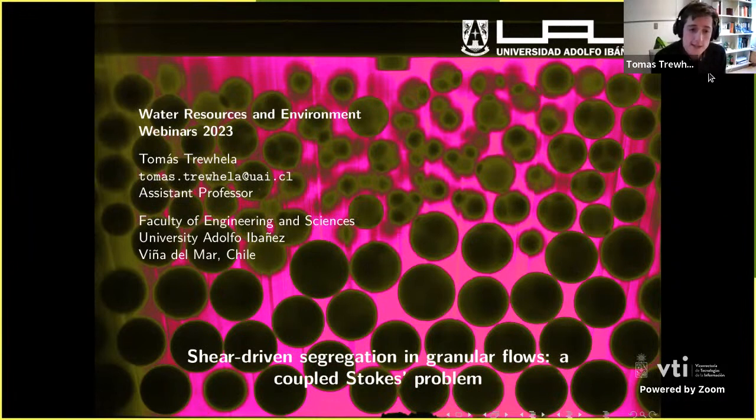And in this case, I prepared a brief presentation on a work that I've been doing the last couple of months of an article that I hope to submit soon. It's titled Shear-driven segregation in granular flows, coupled Stokes problem. And what you see as the background image is an arrangement of a granular bulk of two different grains of different sizes, but with the same frictional properties.